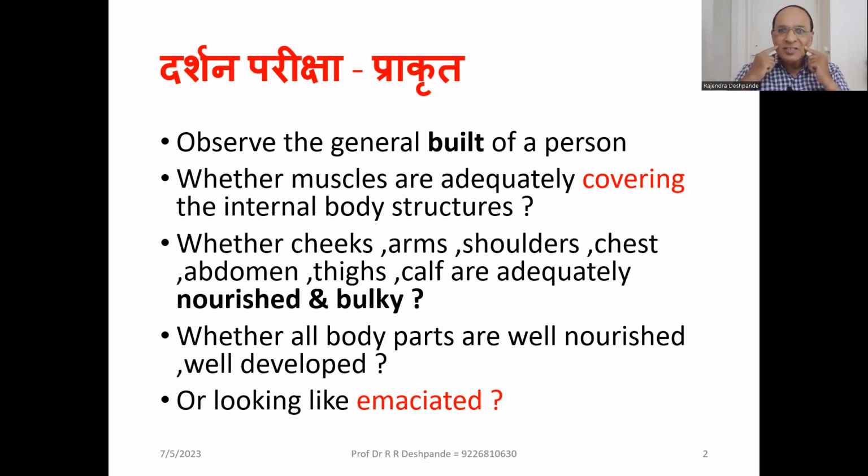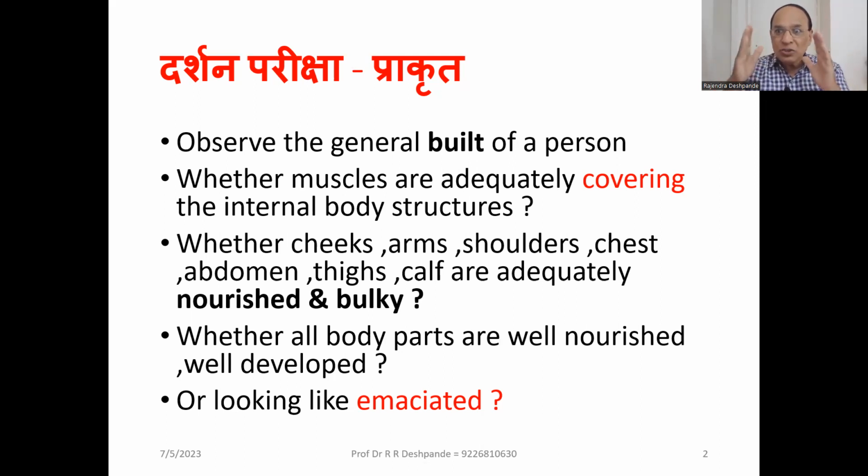Check whether the cheeks, the arms, the shoulders, chest, abdomen, thighs, and calves, all these parts are adequately nourished and bulky. Whether all body parts are well nourished and well developed depends on the muscle or Mansa dhatu, or else the patient looks emaciated and very lean, which is Mansa dhatu Kshaya.